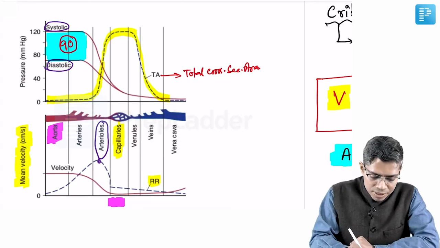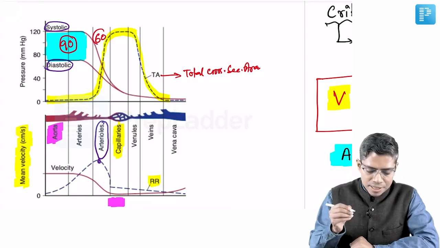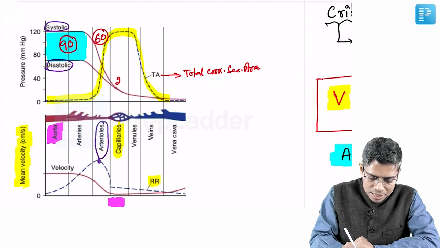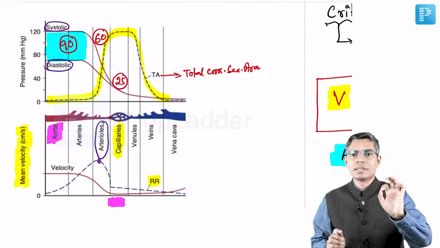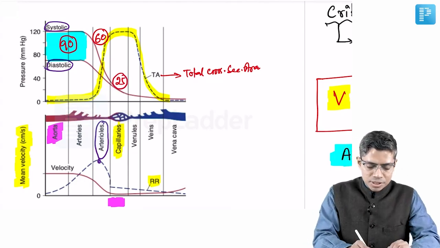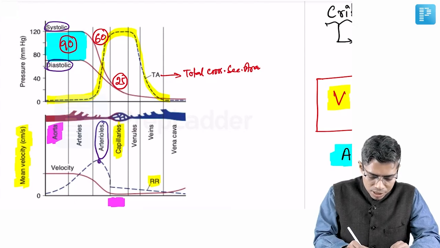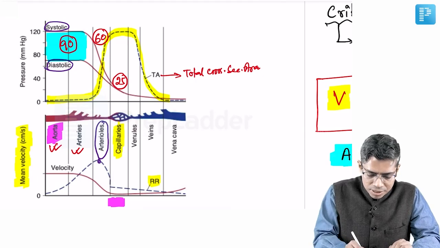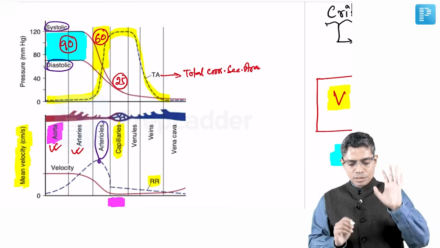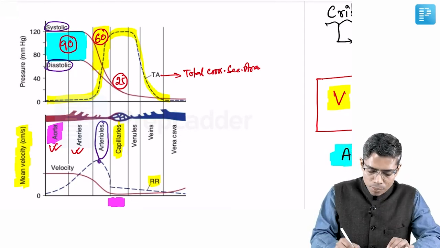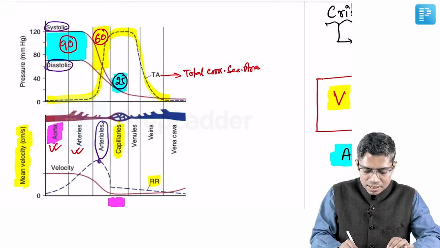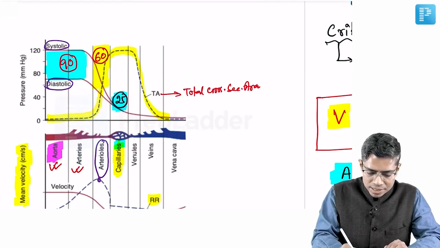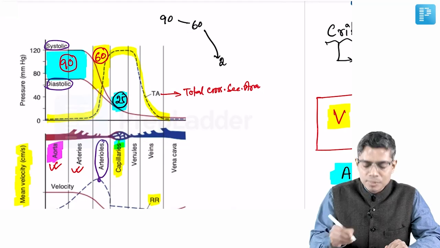The pressure is around 60 millimeter of mercury at the level of the arterioles. Suddenly it drops to 25 millimeter of mercury at the level of the capillaries, right? So it was 90, then 60, then suddenly dropping to 25 millimeter of mercury.